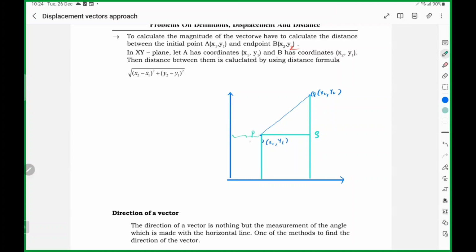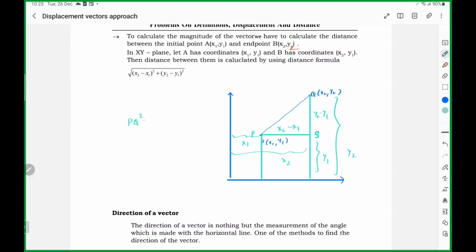Till here is x1, till here is x2. It will be x2 minus x1. Till here is y2, here y1, so y2 minus y1.